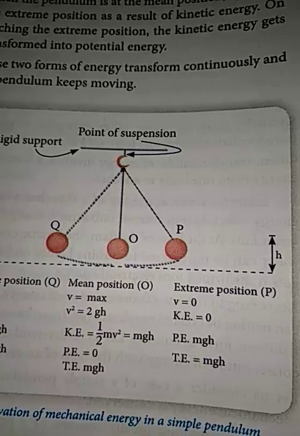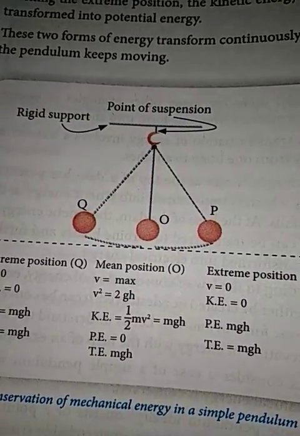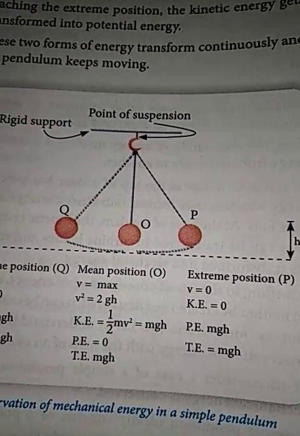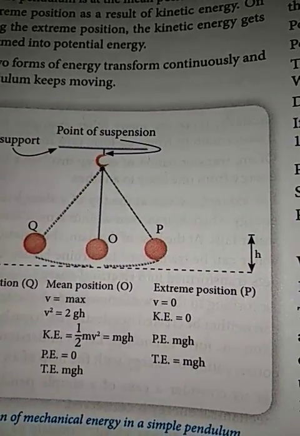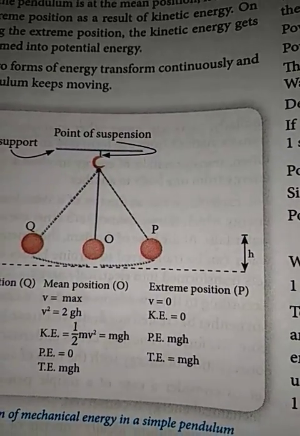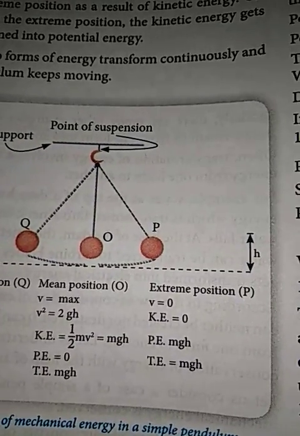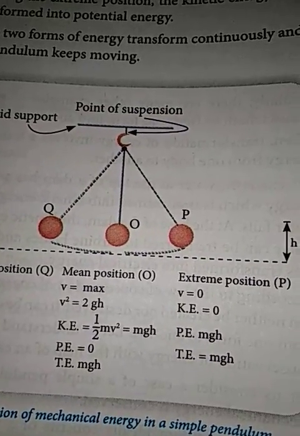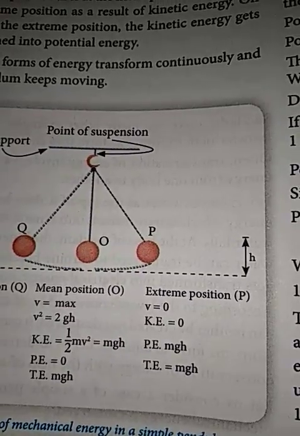On reaching the extreme position, the kinetic energy gets transformed into potential energy at the extreme positions P and Q. These two forms of energy transform continuously and the pendulum keeps moving.